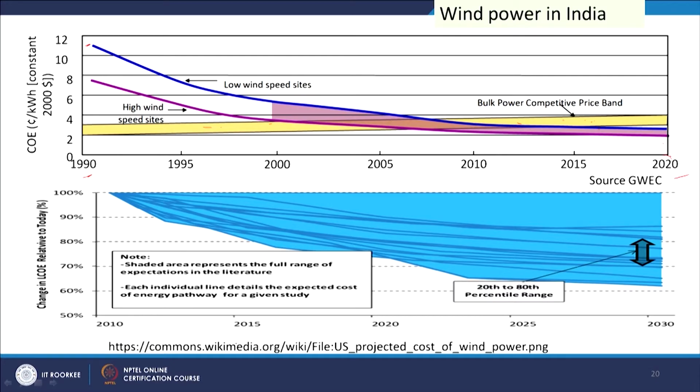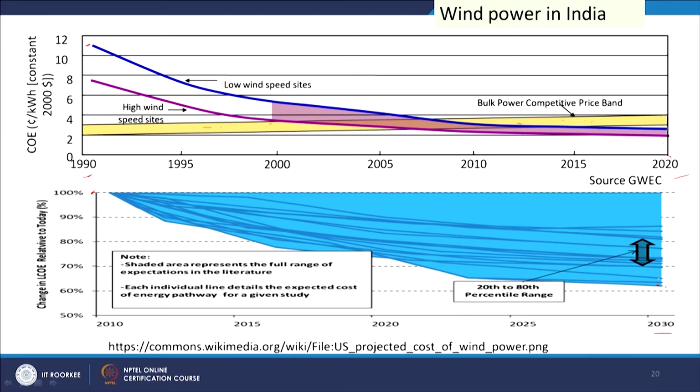Here also is the US prediction of the cost, that is, it is expected to reduce by 2030. When the price in 2010 is 100%, it is expected to be around 60 or 65% in 2030.